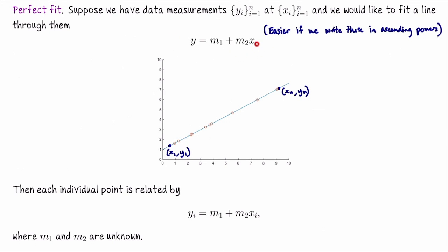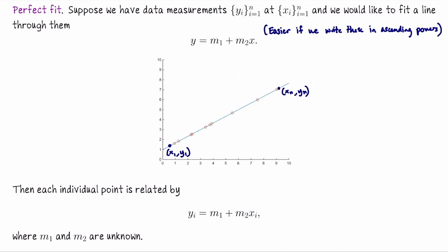So since this line perfectly fits through this data, that means if I take any of these data points and plug in the xi value on the right where I have x in the equation and plug in the corresponding measured yi value on the left, it would be a true statement. So now I'm going to reinterpret this equation in terms of these data points, where instead of having just this general variable x and general variable y, I'm going to specifically think about my data.